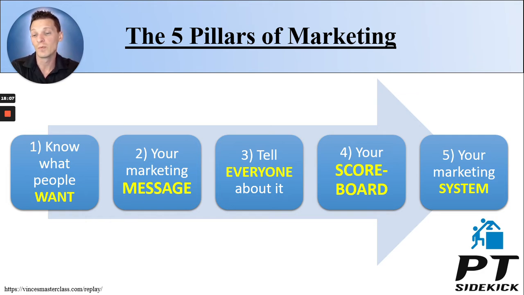So number 1, a little kid that sits out front on a hot summer day understands that their people want something refreshing, which is why they put lemonade outside. Their marketing message, they put a little sign out in front of their table. And number 3, telling everybody about it.